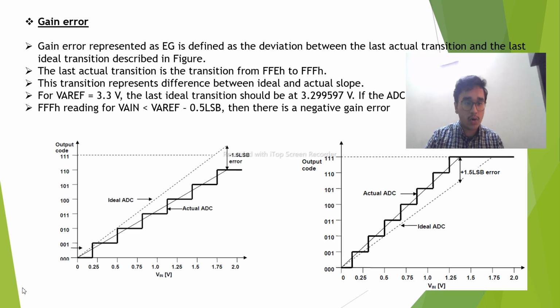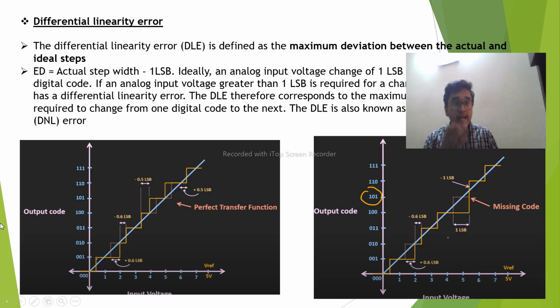So let us move on to the next type of parameter which affects the ADC. The differential linearity error can be defined as the maximum deviation between the actual and the ideal steps. Let us understand it in a simpler way. This is nothing but the difference between the ideal curve and the actual curve. As you can see in this left side diagram, there is a difference of 0.6.